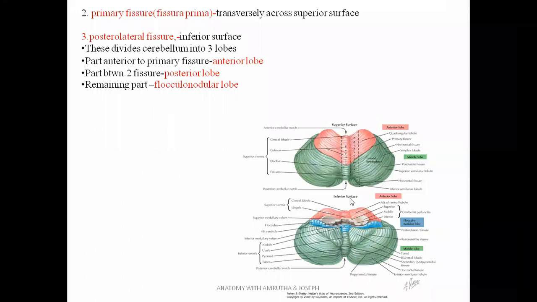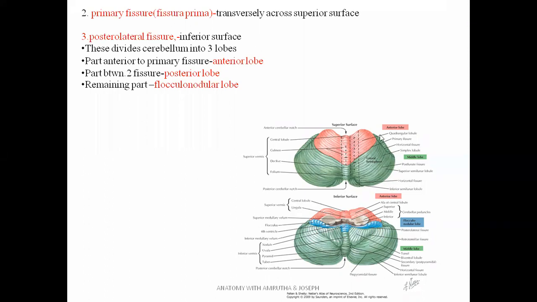Between the primary fissure and the posterolateral fissure, the whole area, the main chunk of the cerebellum, is the posterior lobe. Whereas a small part of the cerebellum that is separated by the posterolateral fissure from the rest of the cerebellum is called the flocculonodular lobe. So basically, two fissures are separating the cerebellum into different lobes: the primary fissure and the posterolateral fissure.